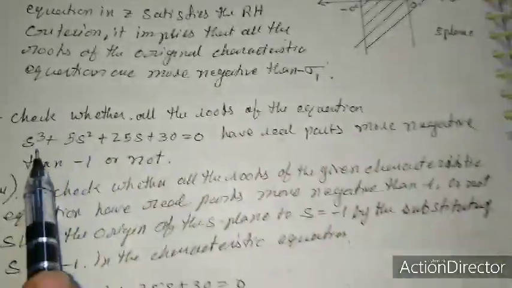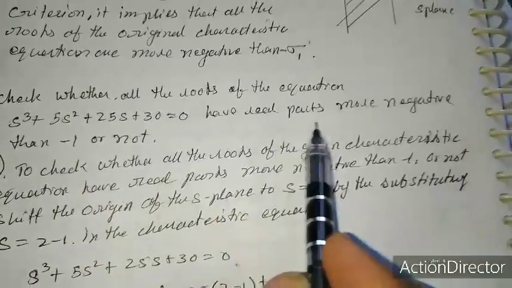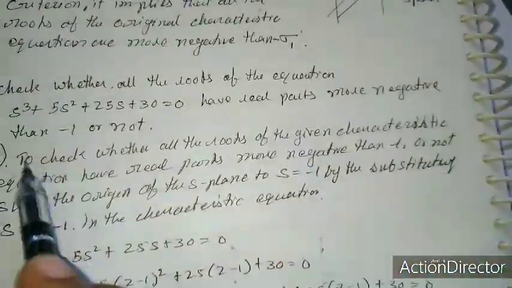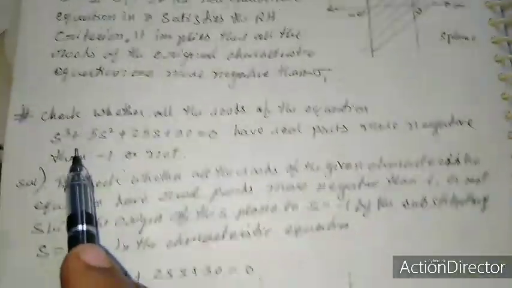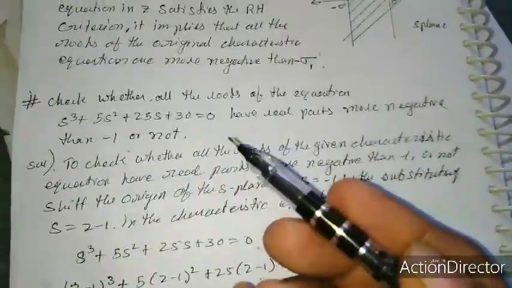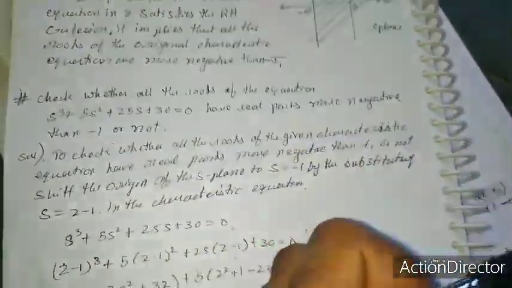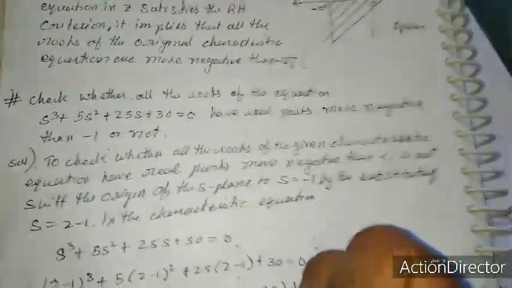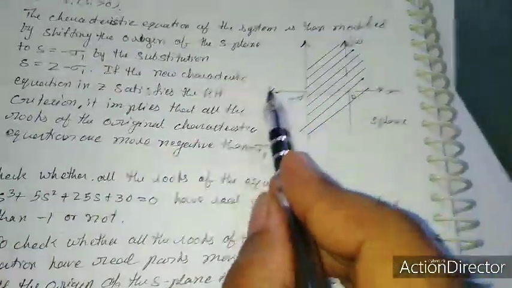Let us go with one problem. Check whether all the roots of the characteristic equation s cube plus 5s square plus 25s plus 30 equal to 0 have a real part more negative than minus 1 or not. If you construct the Routh array and all the coefficients in the first column are positive, it means all the roots are on the right side of the origin, all the roots are here.